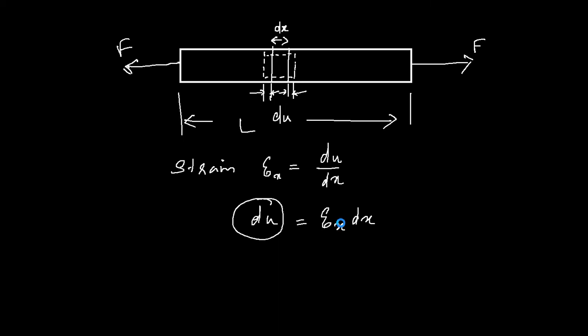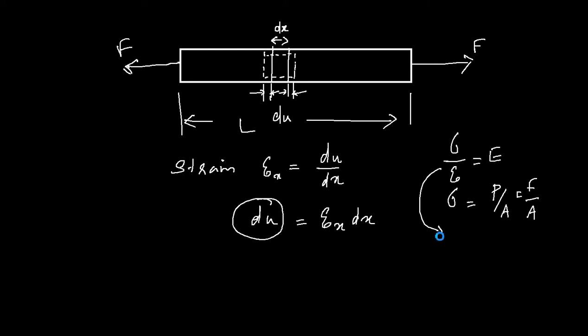You also have a relation between stress and strain: stress over strain is a constant. We have discussed that in Hooke's law in a previous video, that stress over strain is equal to Young's modulus, and you also know that stress is force over area. In this case it is F over A. So you can substitute this.